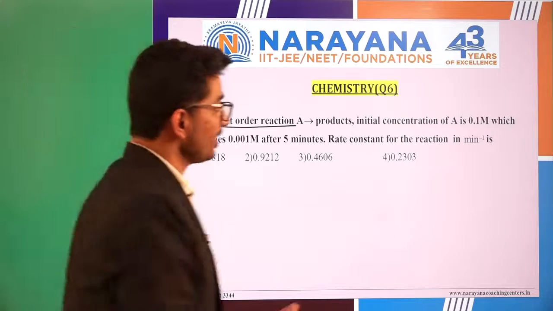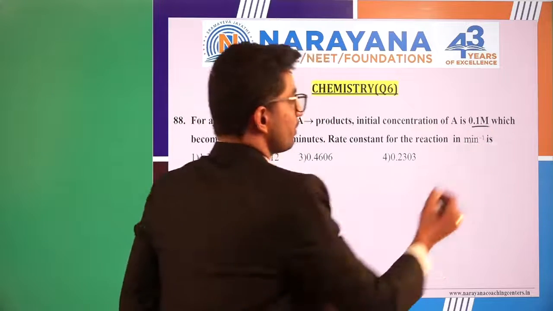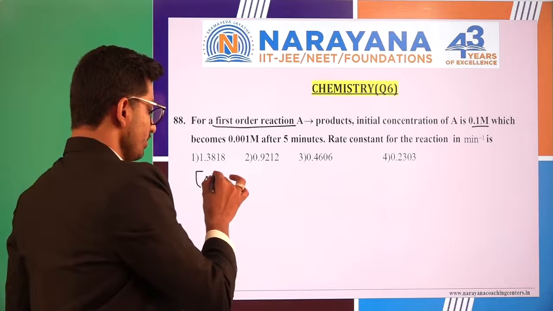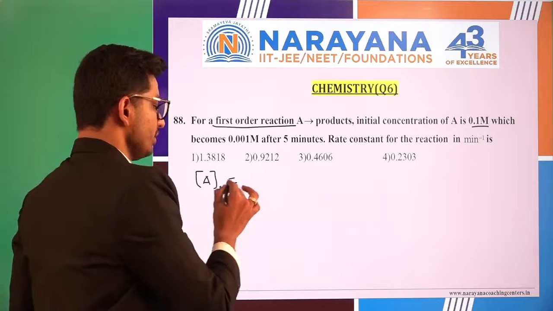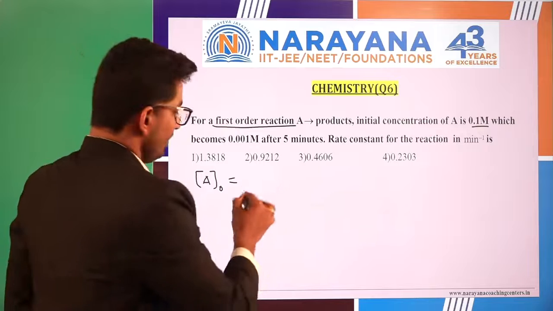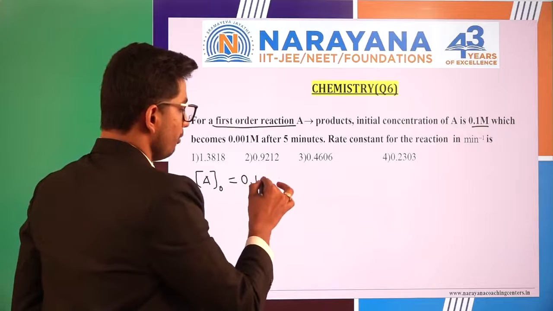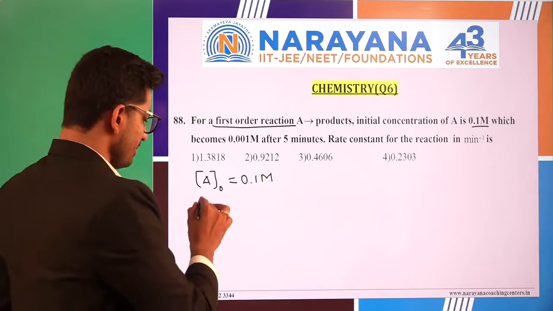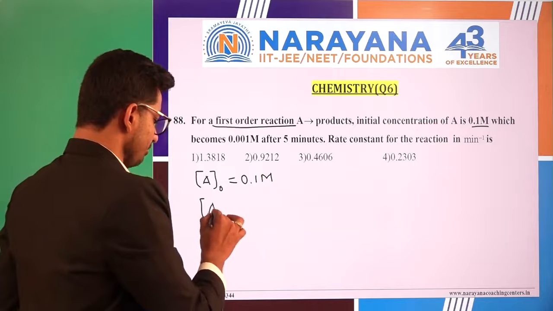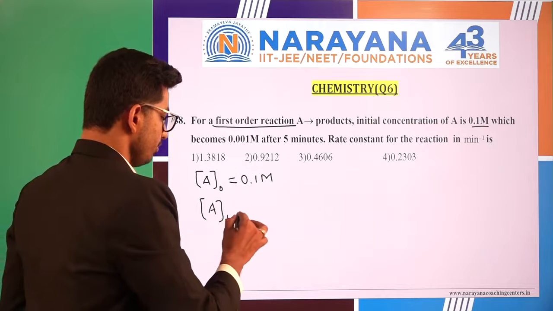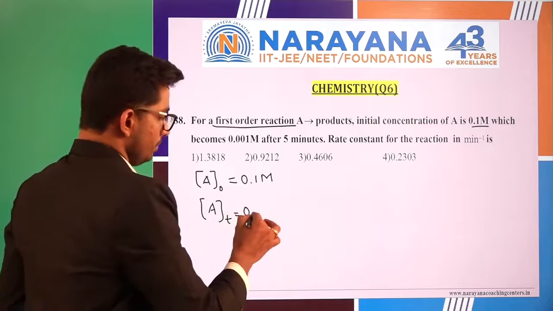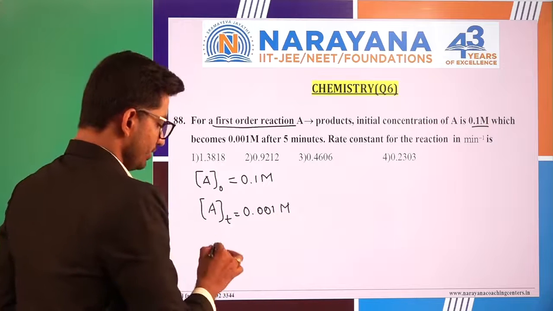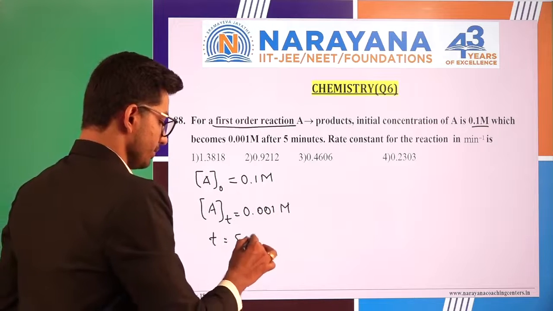We are given the initial concentration of A, which I'll take as A naught, that is 0.1 molar. The final concentration, after time t of 5 minutes, is reduced to 0.001 molar. The time taken here is 5 minutes.